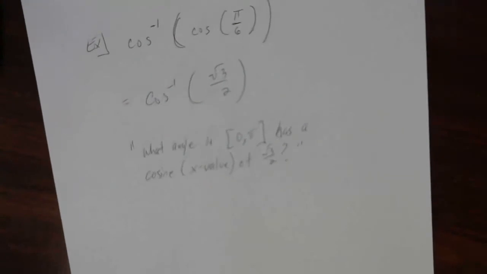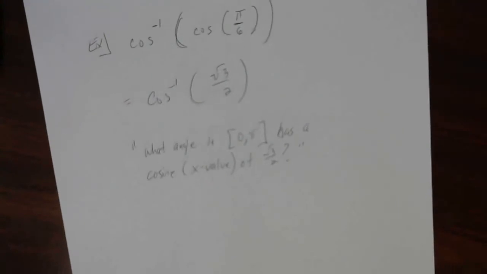So again, that's what angle in the interval from 0 to pi, so that's the top half of our unit circle, has a cosine or an x value of square root of 3 over 2.